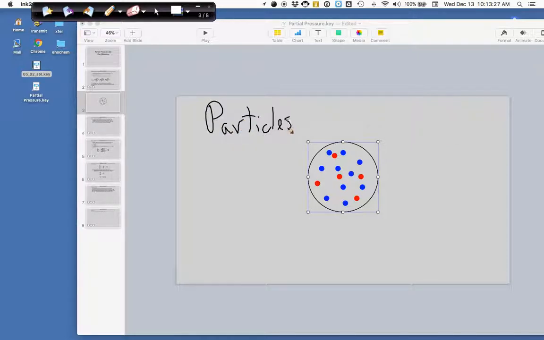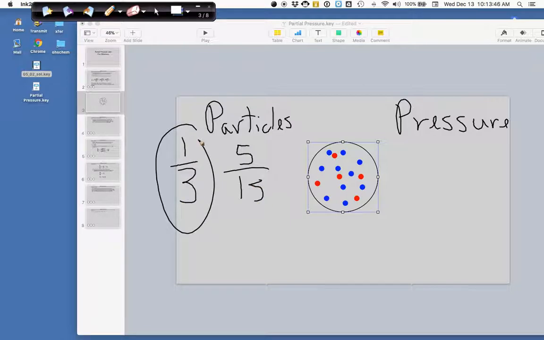So let's talk about particles and let's talk about pressure. So guys, let's talk about the red gas. Ready? How many red particles are there? 5. How many total particles are there? 15, right? So 1/3 of this gas is red particles.